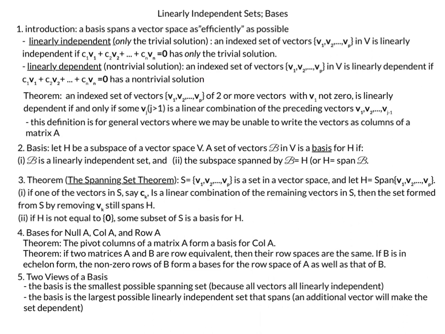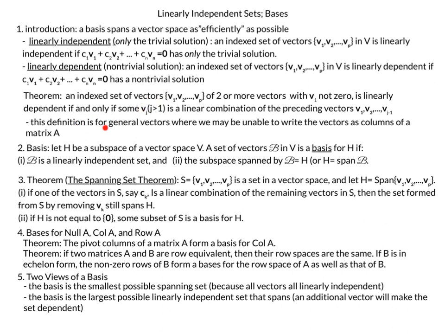And then we have this theorem here. If we have a set of two or more vectors with v1 not equal to 0, it's linearly dependent if and only if there's some vector, v sub j, that's a linear combination of the preceding vectors. In other words, to be dependent means you can write one of the vectors as a linear combination of the remaining vectors.